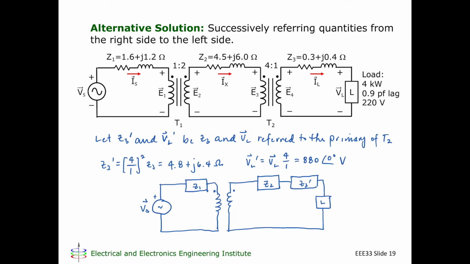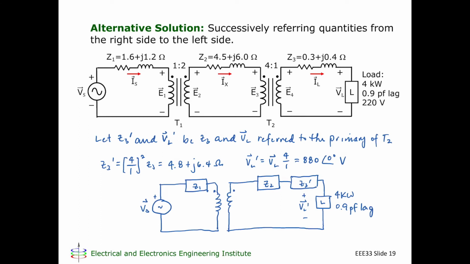where the load voltage now is VL prime. Okay. But this is still going to be 4 kilowatts at 0.9 PF lag. So it will still be the same power and reactive power.